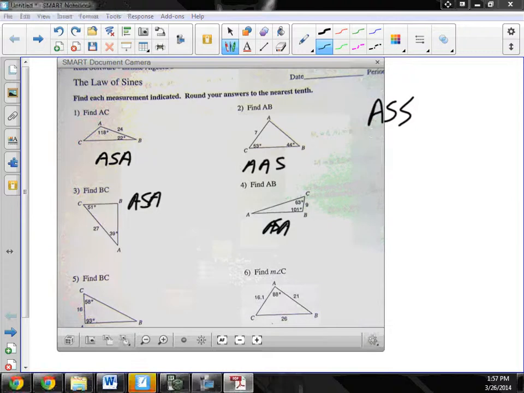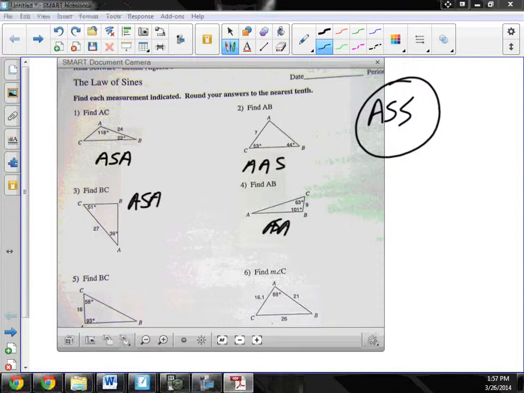The back page, tomorrow I'll teach you how to deal with angle, side, side, because at times it doesn't work at all.